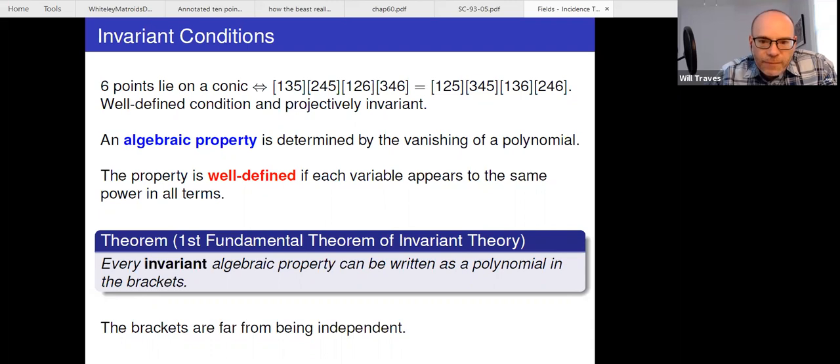And you might think, well, those might be pretty special conditions, right? I mean, they're the ones that are algebraic. But it turns out that every invariant algebraic property that you have can be written as a polynomial in these brackets.